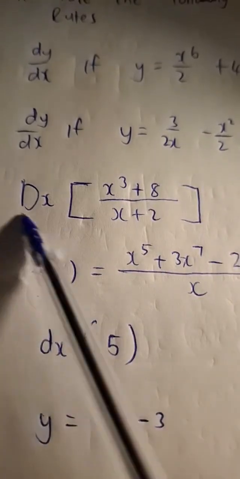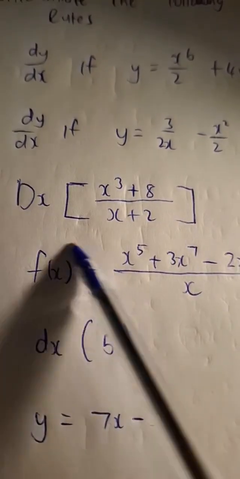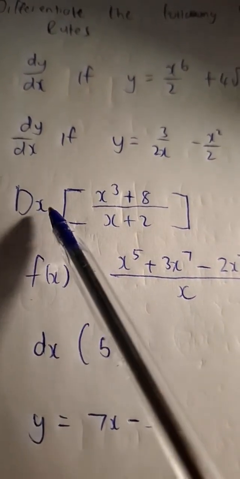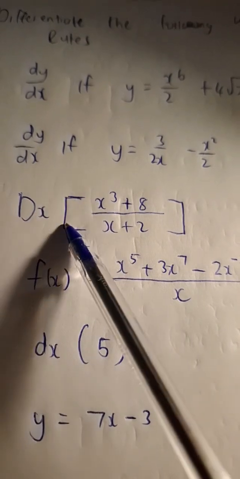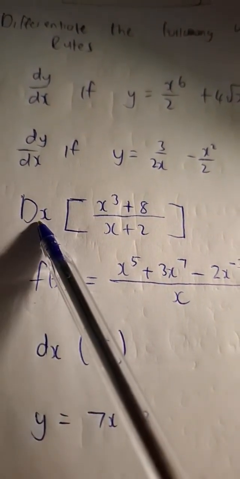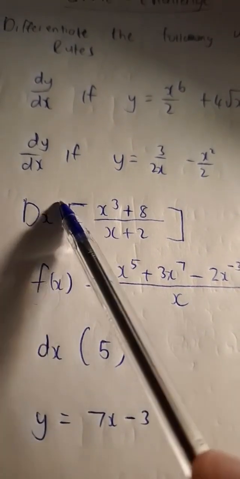If you look at this here, the notation, take note, the derivative of x, but they've put this in brackets. So if you look at this, dx is basically next to the bracket. So we are going to write it down as you are seeing it.